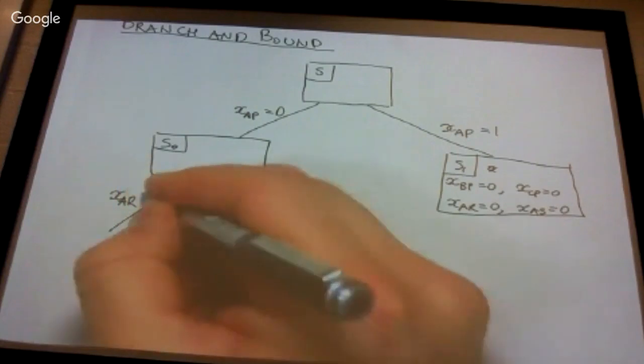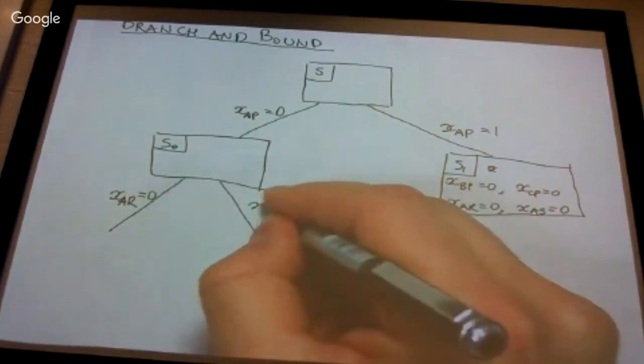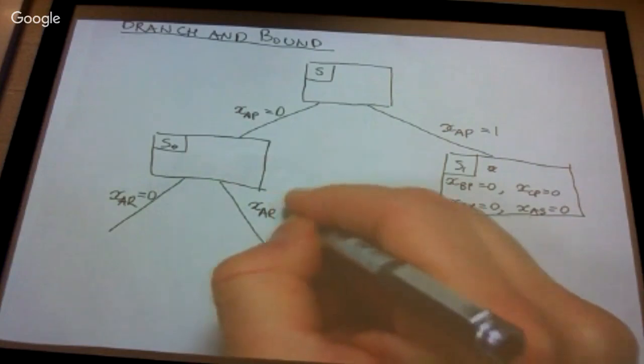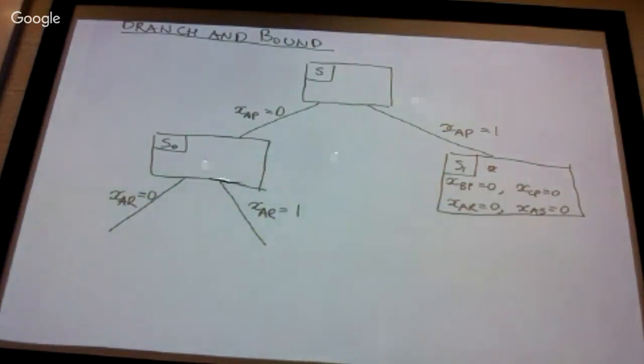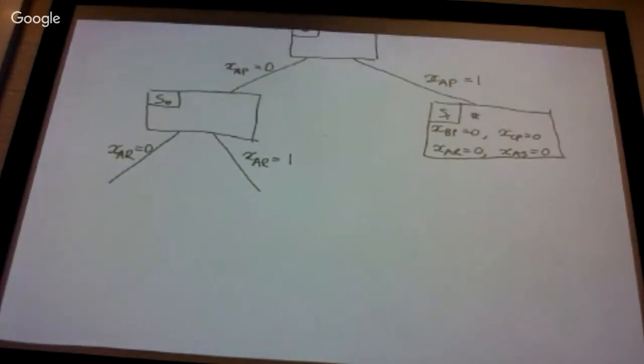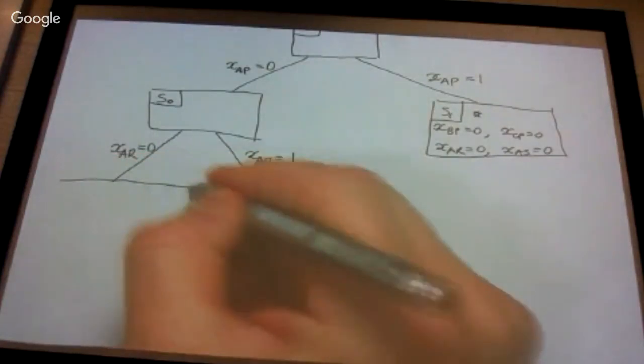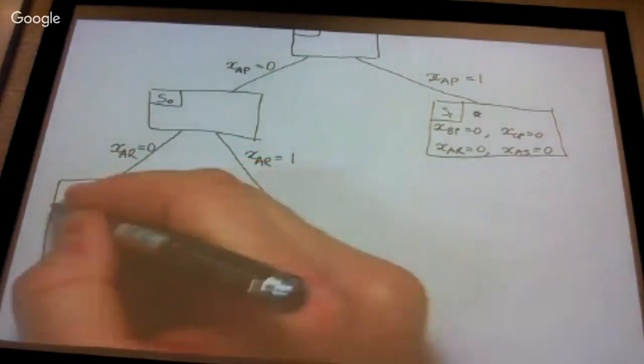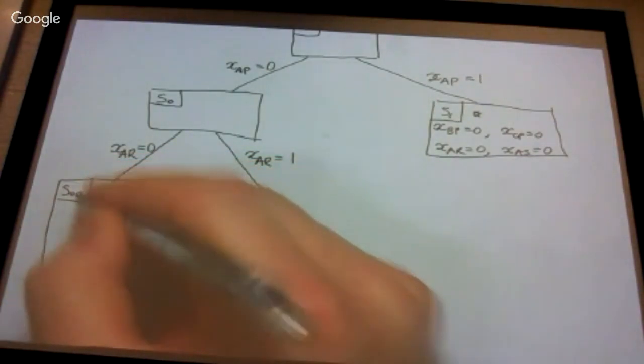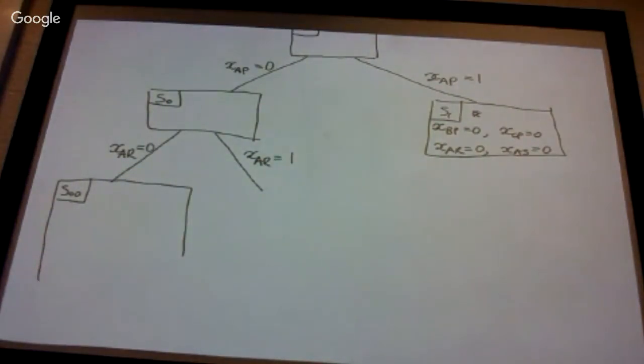I picked XAR, so we have 2 options. Again, for XAR, it's either 0 or it's 1. I'll just label this S00.